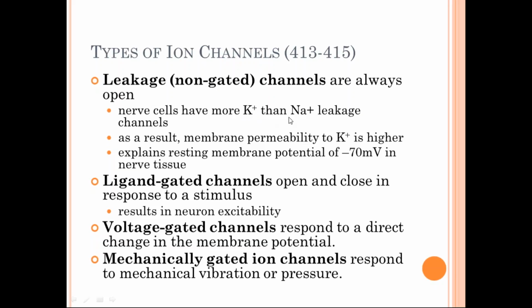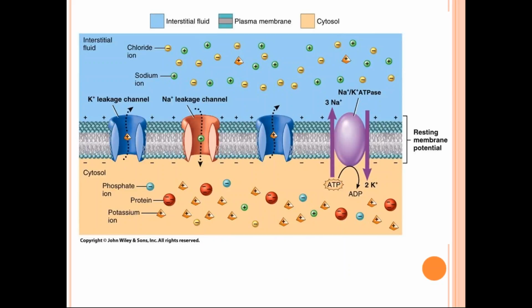But there's more potassium than sodium. Everybody listening right now, it's 50 times more potassium channels than sodium channels. So you're going to have 50 leakage channels for potassium to 1 leakage channel for sodium. That's important. So in the picture on page 415, if you're looking at it, which I actually think I have right here as well, it shows 2.